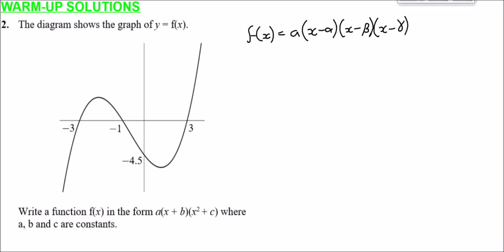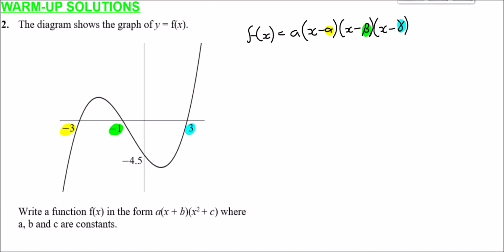So we can see here it has 3 roots, so we can substitute these in. So the first root, I'm going to call that alpha, that's going to be -3. The second root, beta, is -1, and the third root, gamma, is +3.